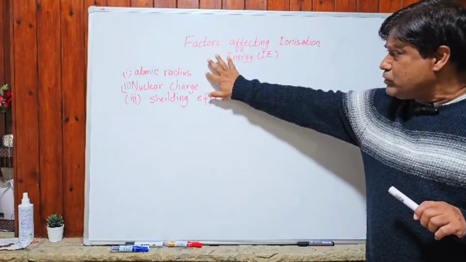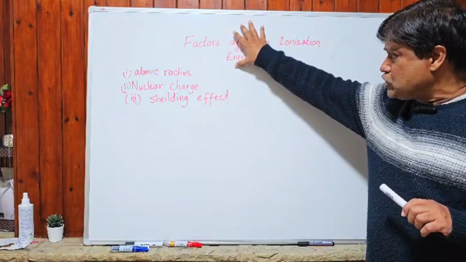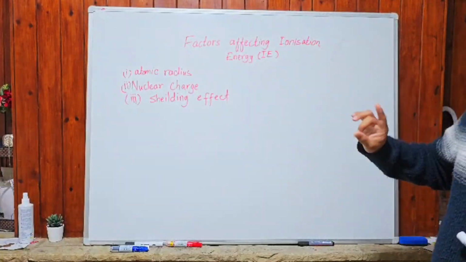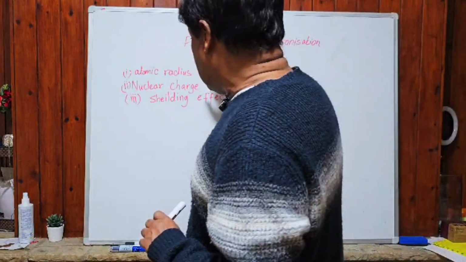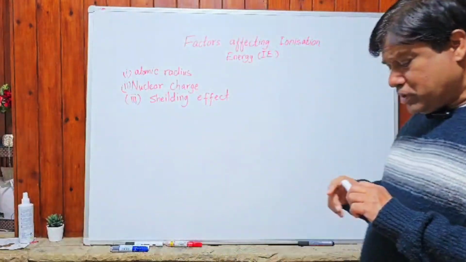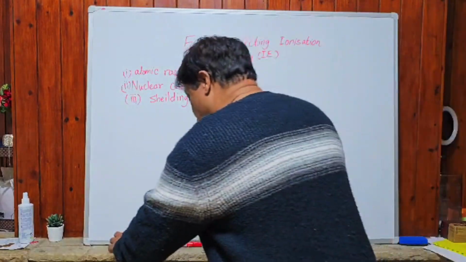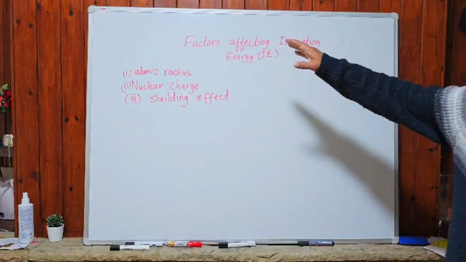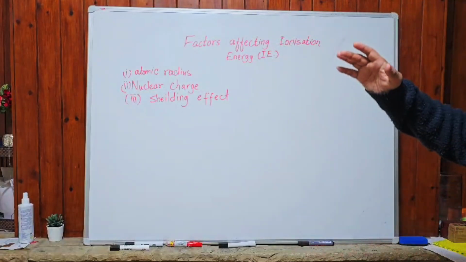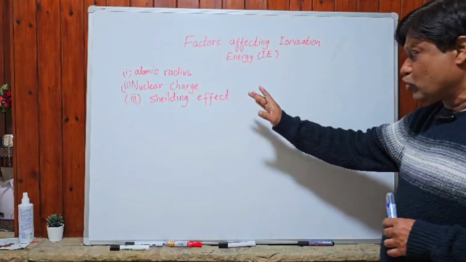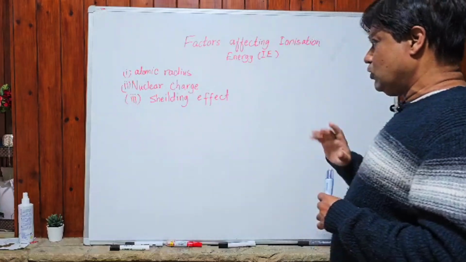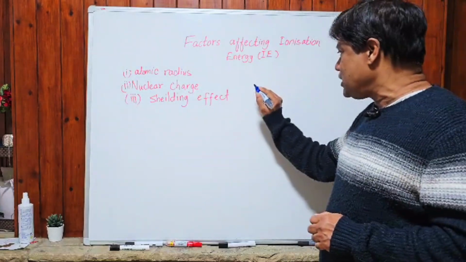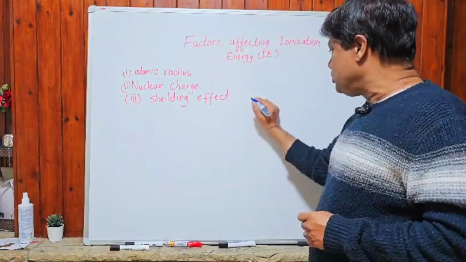Now we will see how these factors affect ionization energy. So, the nuclear charge. But very quickly, what happened to the atomic radius down the group, as we move down the group in the periodic table, and what happens to atomic radius as we move across the periodic table?